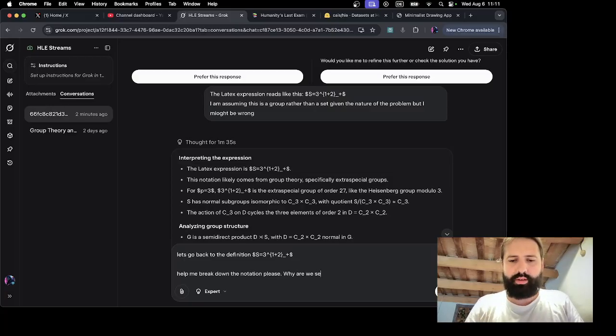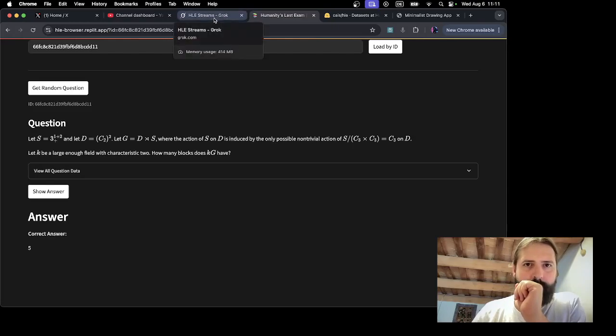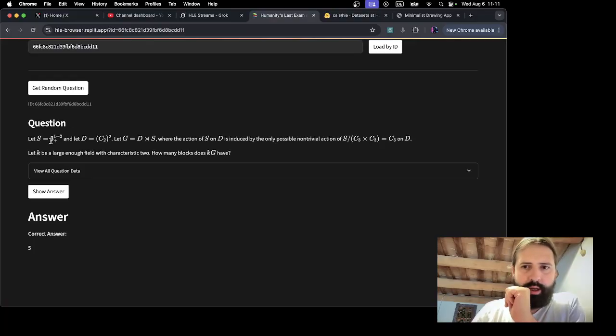Why are we seeing the 1 plus 2 exponent? That's one question. And then what is 3? I'm assuming that's just the name of a specific group, right?